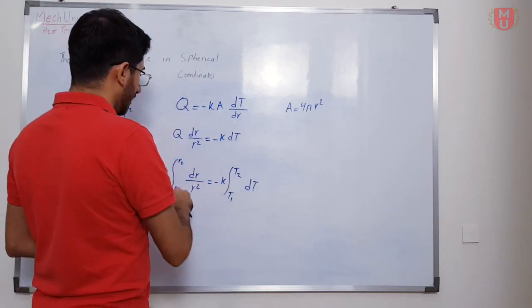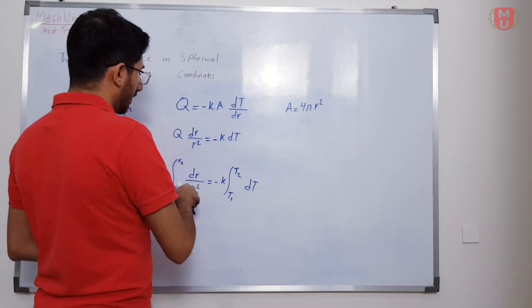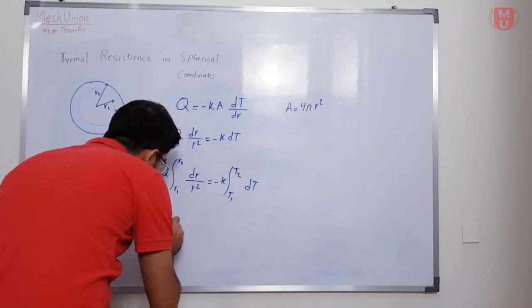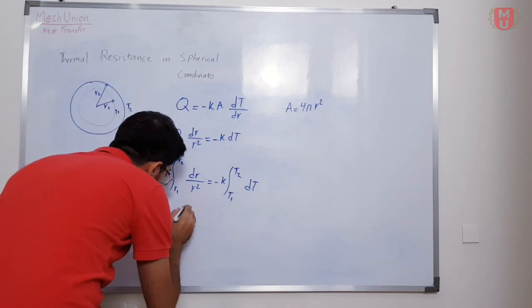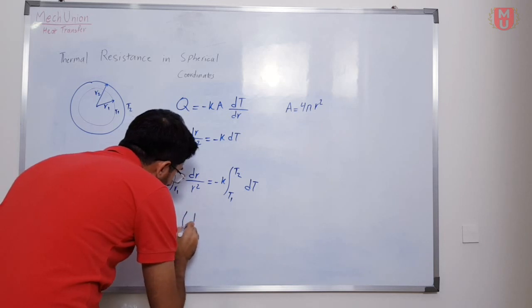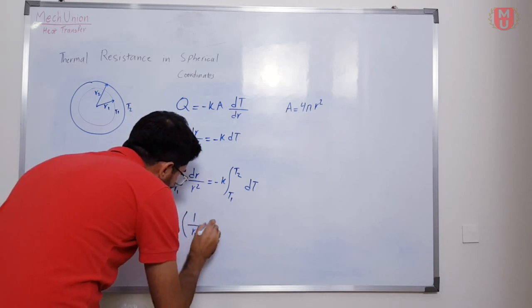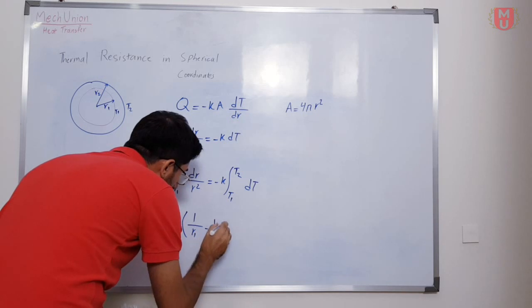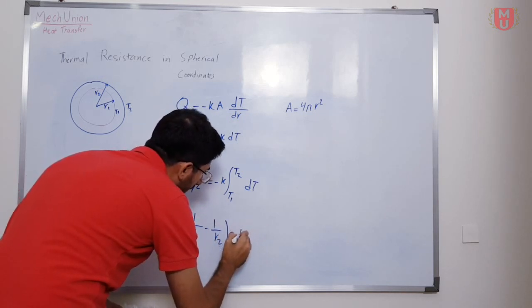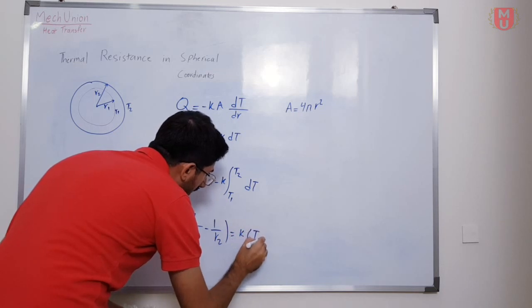You can bring it up to become r to the power of minus 2 and integrate. If you integrate, it will be q times 1 over r1 minus 1 over r2 equals k times T1 minus T2.